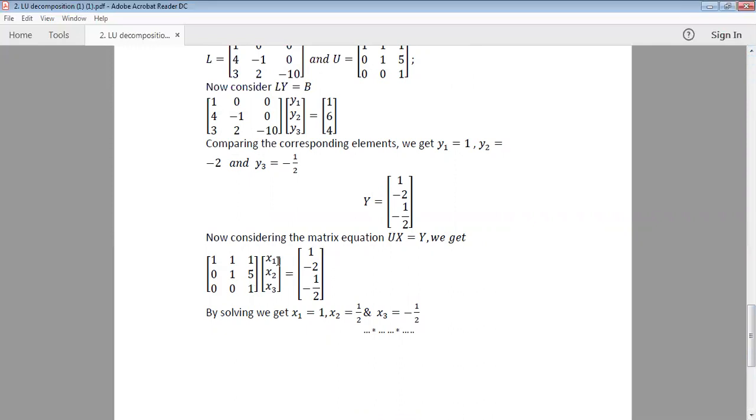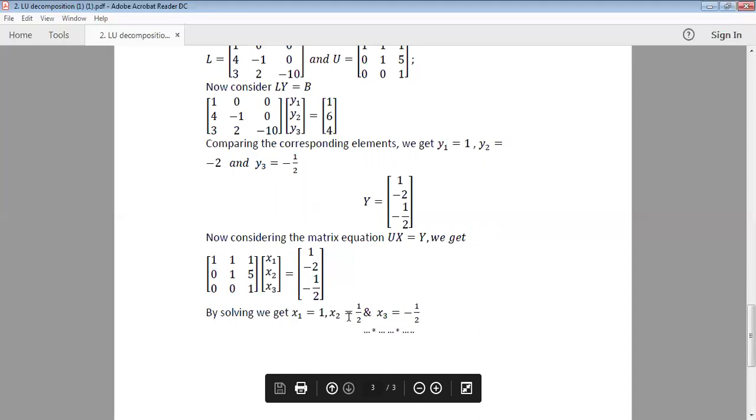Matrix x is x1, x2, x3, and that equals y, which is 1, -2, -1/2. So again multiply these two matrices and compare the elements. We get x1 equals 1, x2 equals 1/2, and x3 equals -1/2. This is the solution of the non-homogeneous system of linear equations.